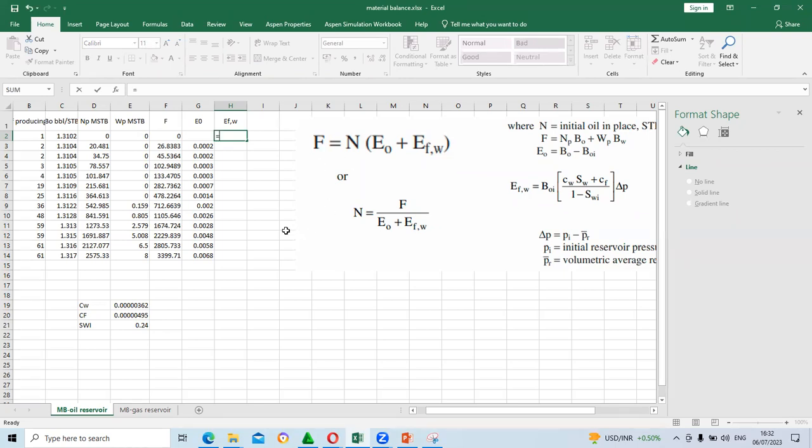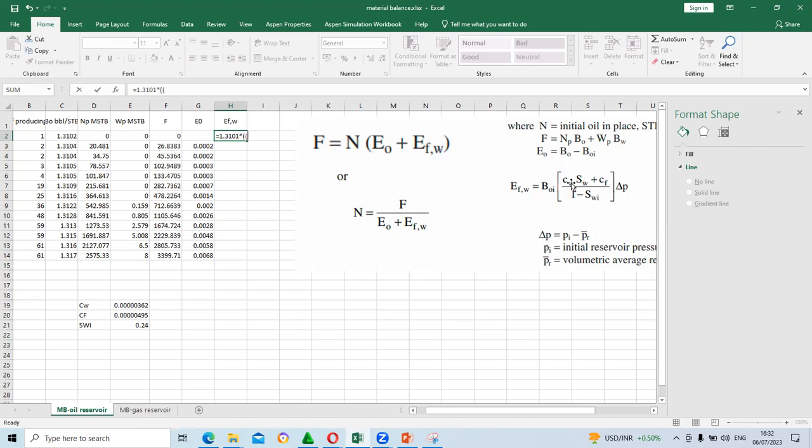So we have equal to, let's start our formula back. We have our BOI. I want to write that down because it will be constant throughout. 1.3102 times. We open our bracket. We open another bracket again because we want to put all of this up.